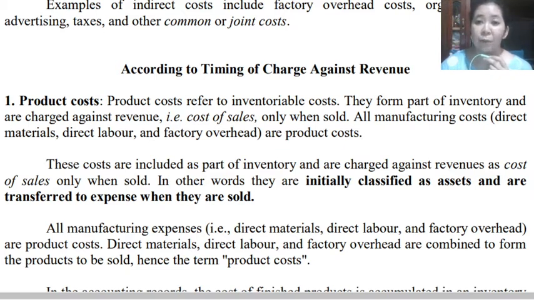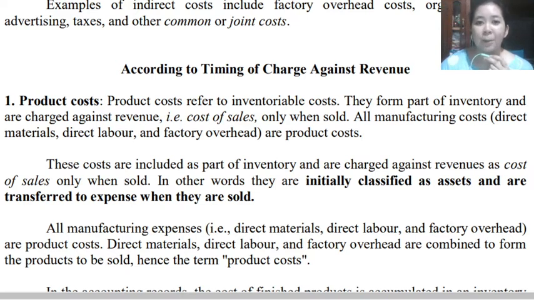So this will form part of our inventory, and we will recognize these costs when these items of inventory are sold. So this is the matching of the recognition of our cost against the revenue.